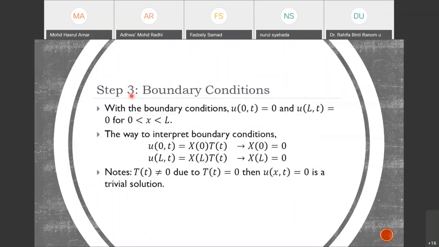Alright, then we're going to apply the boundary conditions. Alright, remember in my first video, I talk about what is boundary condition, initial condition, boundary value problem. Boundary conditions is something that relate to space variable, spatial variable. And the initial condition relates to time variable. Okay, kenapa boundary to space?